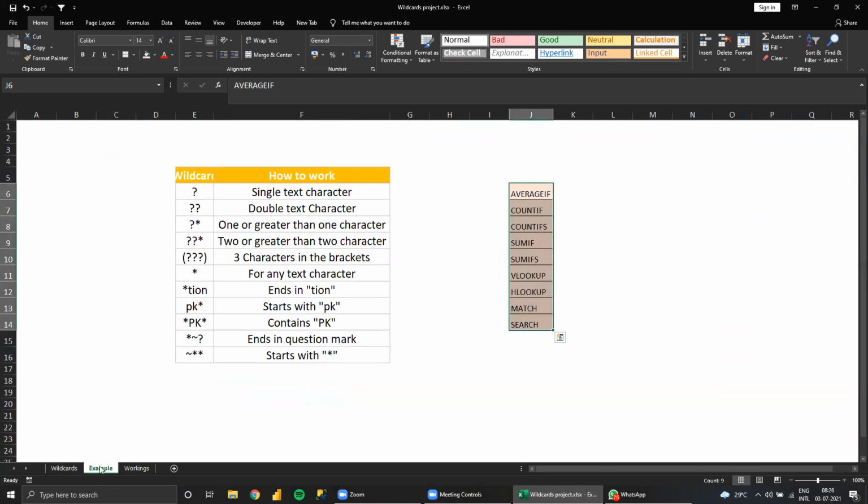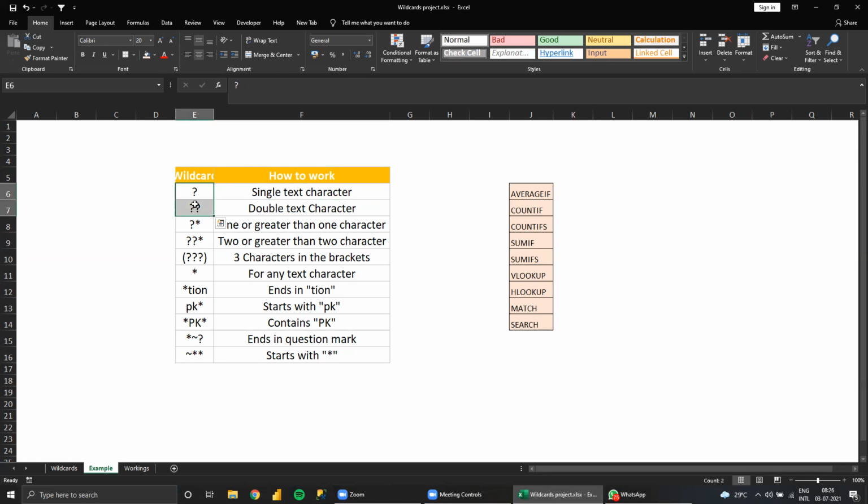Example I gave you here, see. For a single character spelling, wherever there are possible spelling mistakes, we can give a question mark. One question mark, one character is specified. Two question marks, two characters. Three question marks, three characters.